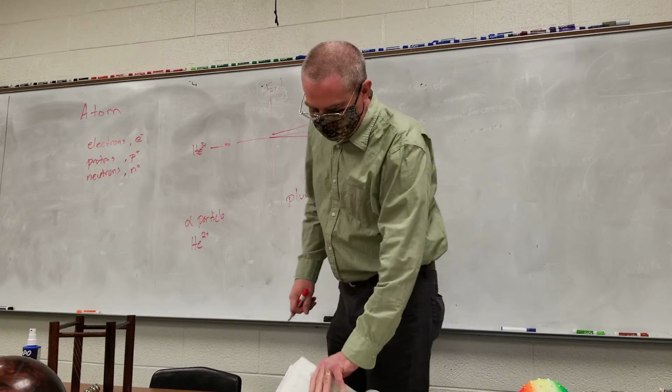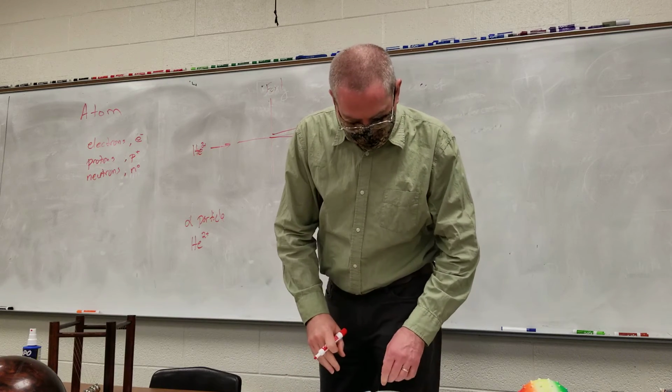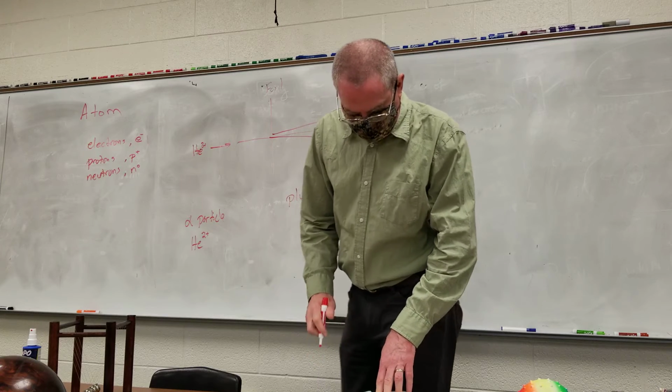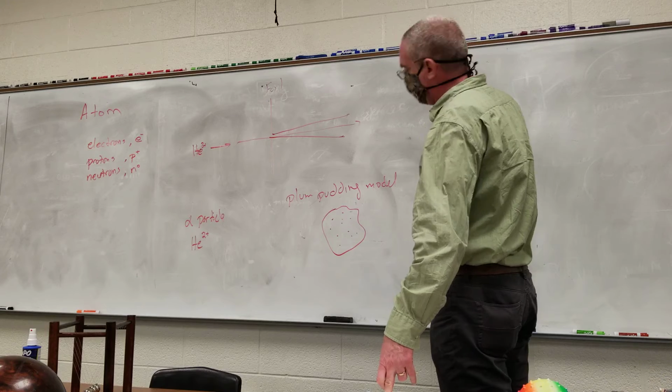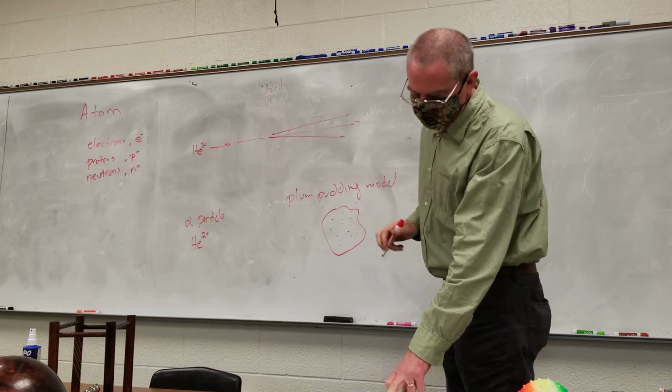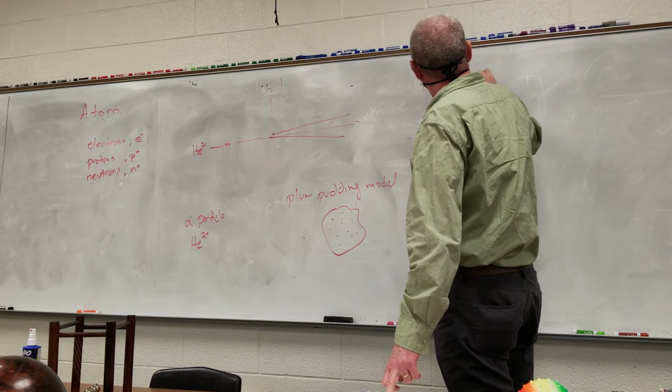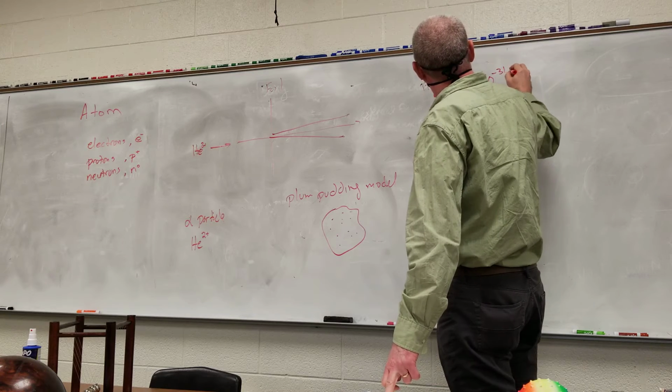To give you some sense of scale here, the mass of the electron is 9.1 times 10 to the negative 31st kilograms.